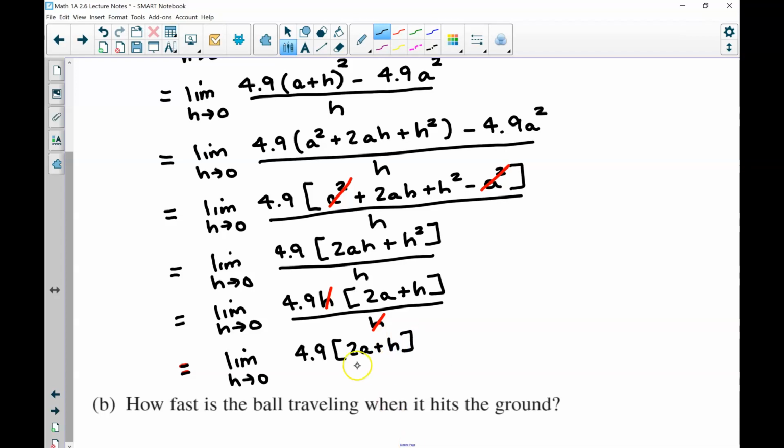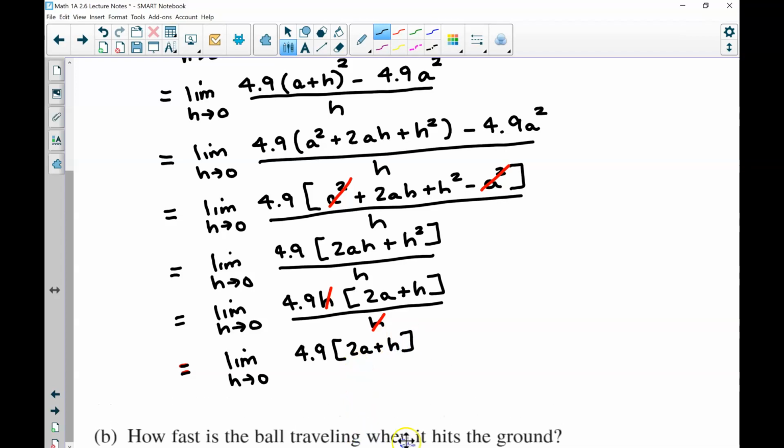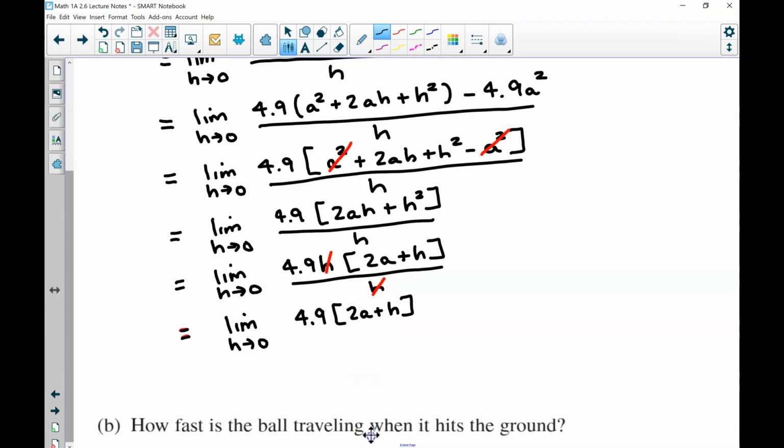So now if we evaluate this limit according to when h is 0, we now end up with 4.9 times 2a plus 0, and that's going to represent our average velocity. Okay, and if we multiply that out, then we should end up with 9.8a.